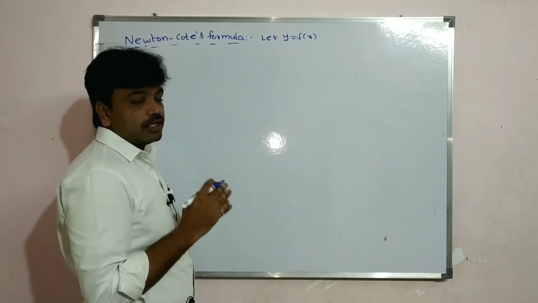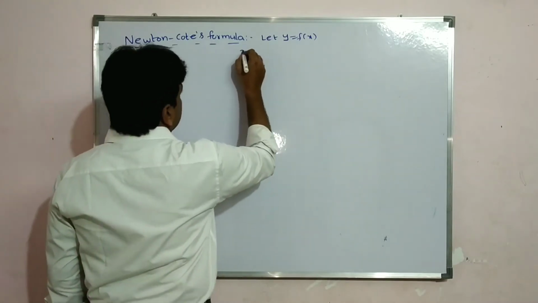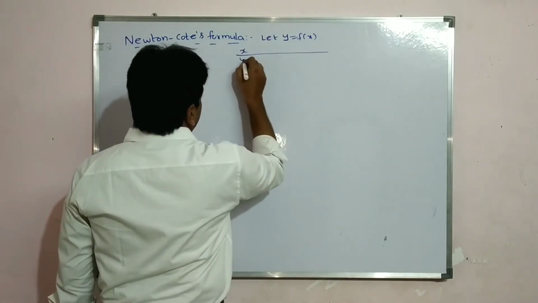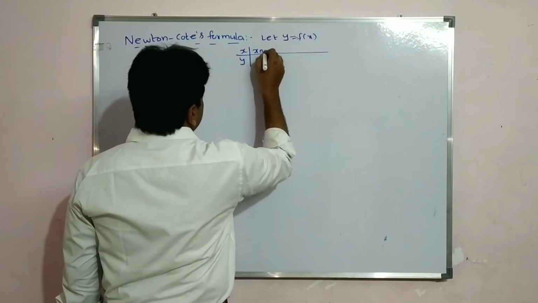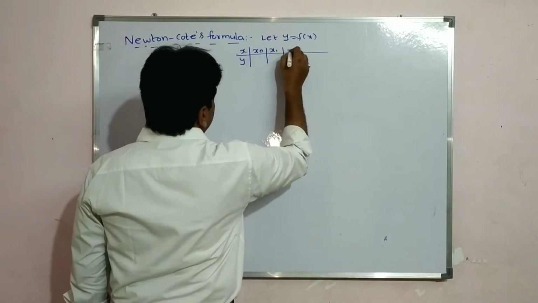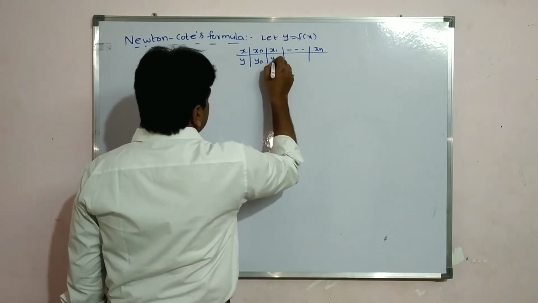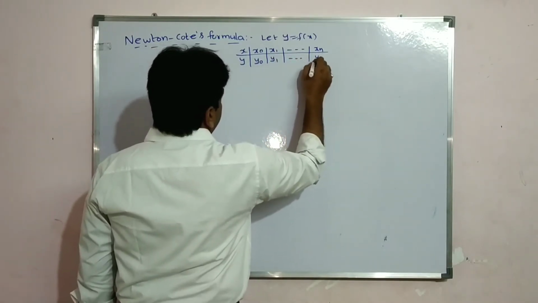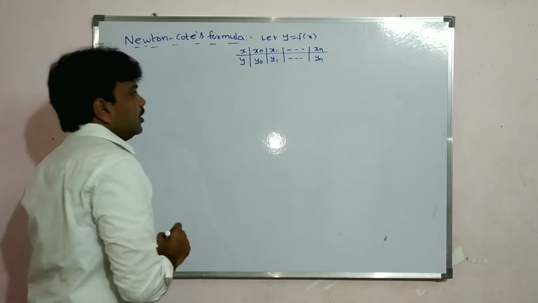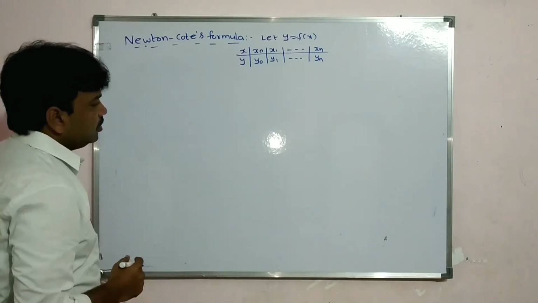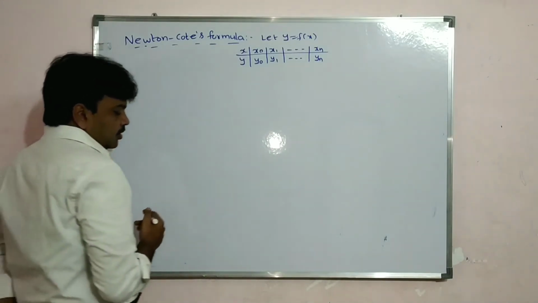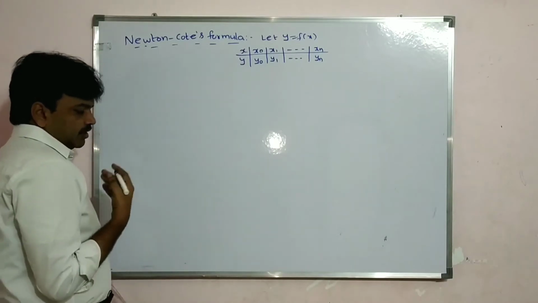Say the table values are here, x and y. So this is x0, x1, and so on, xn. Corresponding values are y0, y1, and so on, yn.